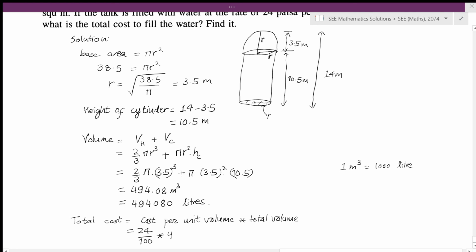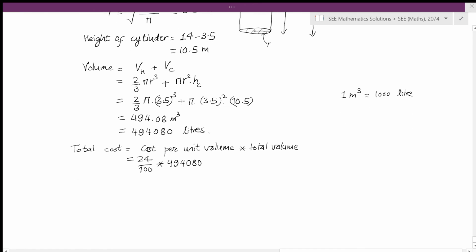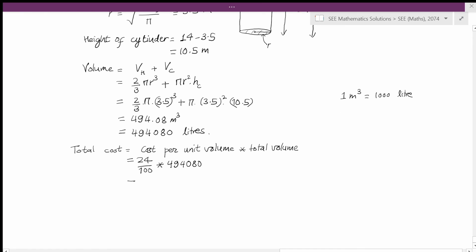So we write here 494,080. If we do all these calculations, it will be in rupees, because we already converted paisa into rupees, so it will be 118,579.20.